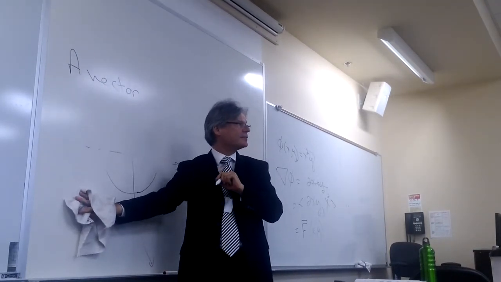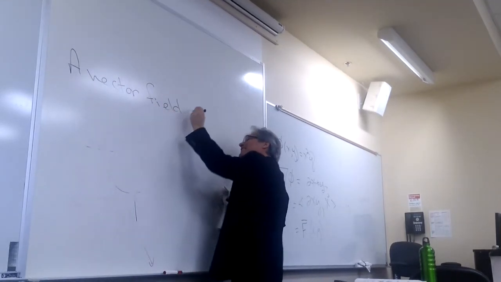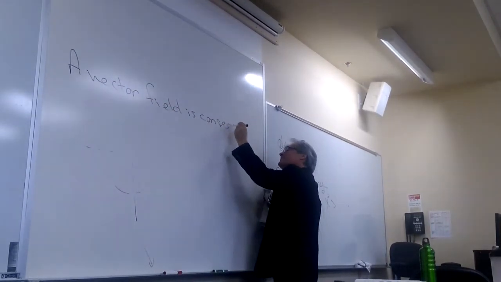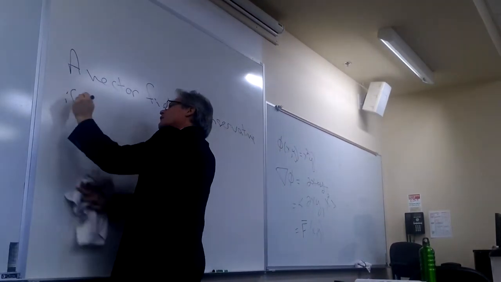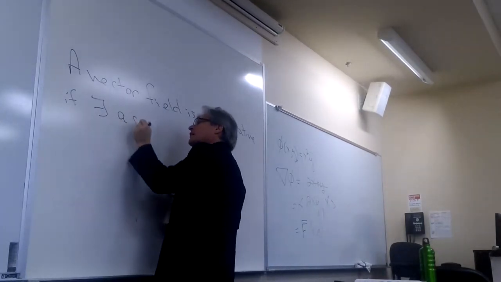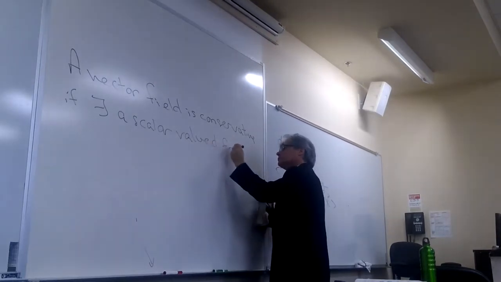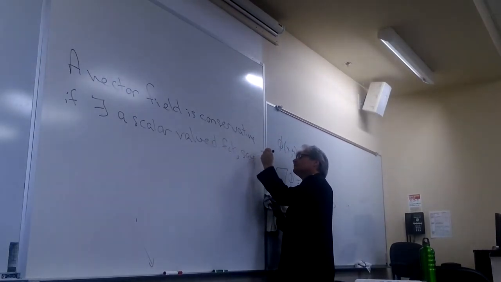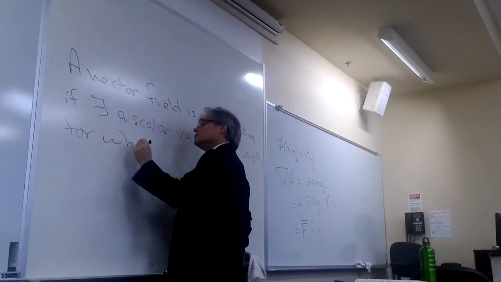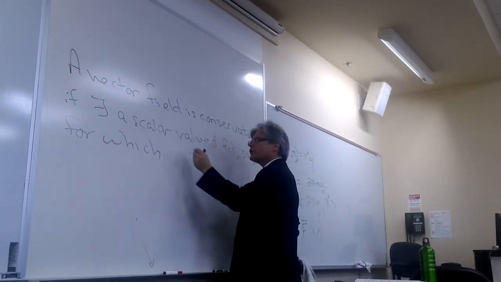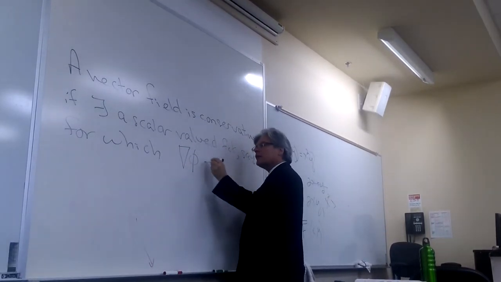Eric, so far so good? You're okay. Just checking. A vector field, your field, it's conservative if there exists a scalar value function, say phi, such that when you look at the gradient of that scalar value function, I call it phi, it is your vector field.